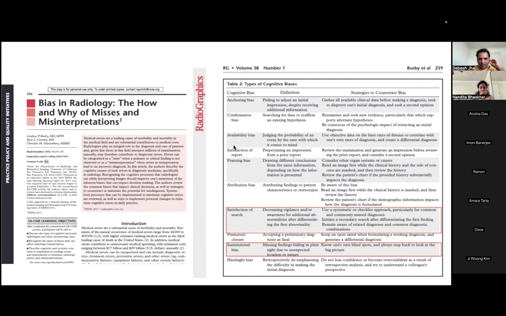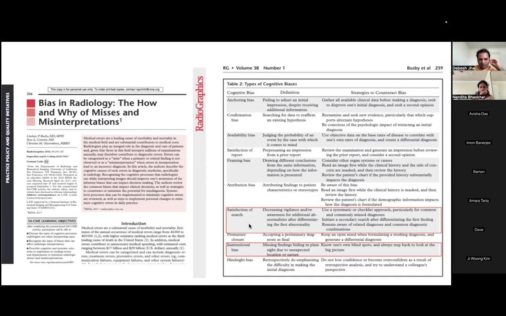Some of them are anchoring bias, confirmation bias, satisfaction of search, etc. I have highlighted two of these, satisfaction of search and unintentional bias. They have also provided how we can mitigate this kind of bias. So that's why I have highlighted some of these biases.